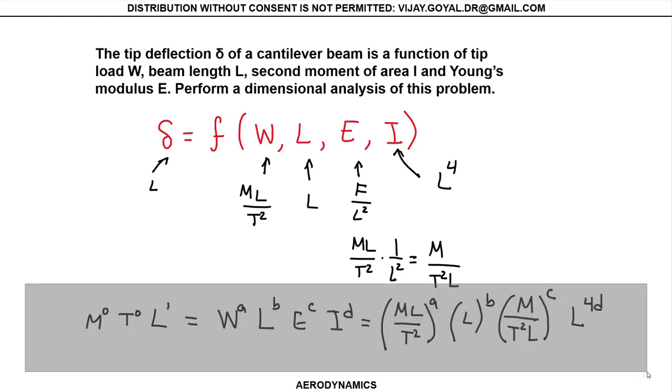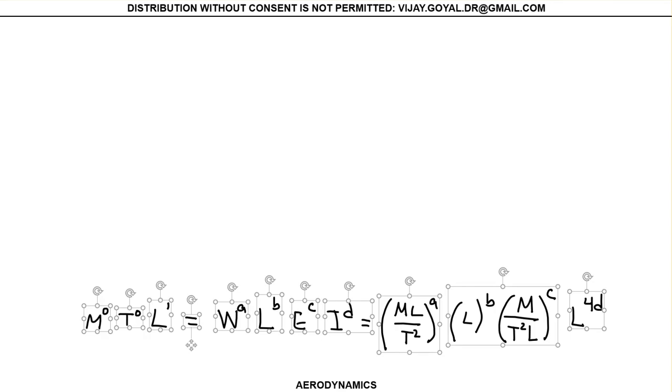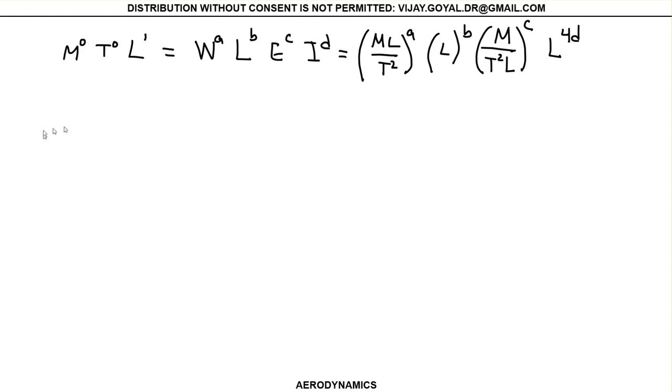So let's copy this so we can have it handy on the next page. We have M to the 0, T to the 0, L to the 1, and M will be A plus C. You can see we have an M here and an M there.